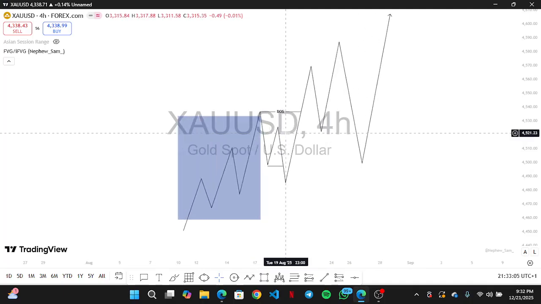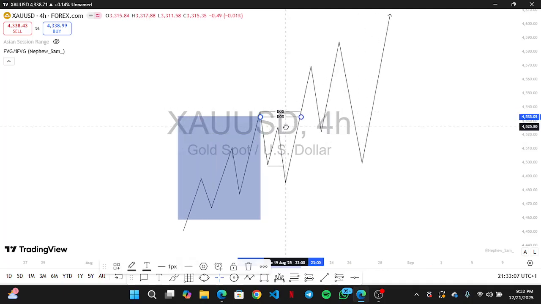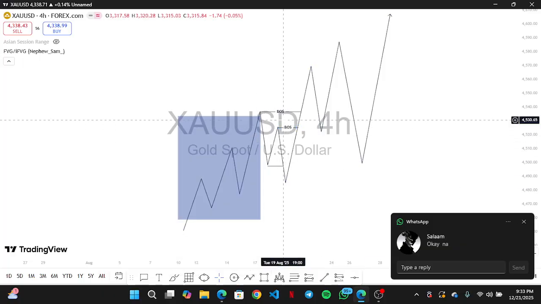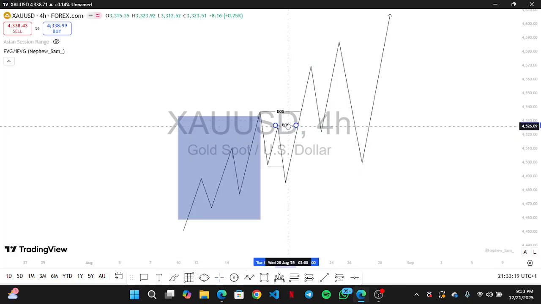So this is a break of structure here, another break of structure right here at this point, and another one here. Breaks of structure happen everywhere on the charts.